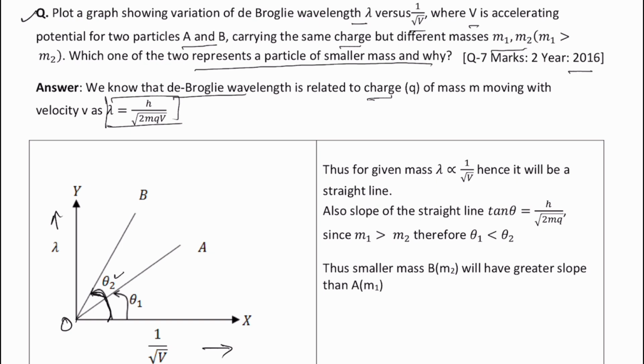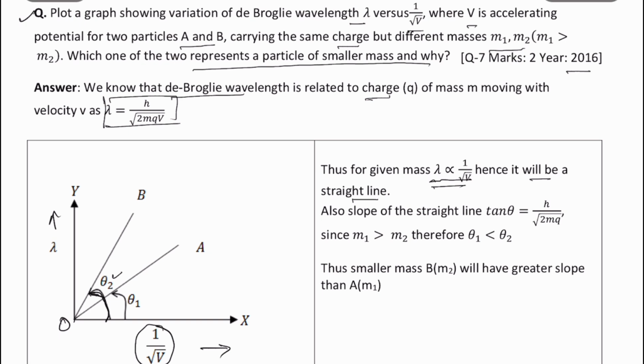Now the second part of this question asks which one of the two represents the particle of smaller mass and why. Lambda is inversely proportional to root V. In the x-axis we have not given root V, we have plotted 1 by root V, so we can say that lambda is proportional to 1 by root V. Hence it will be a straight line, a proportional relation, and the slope of the line is tan theta.